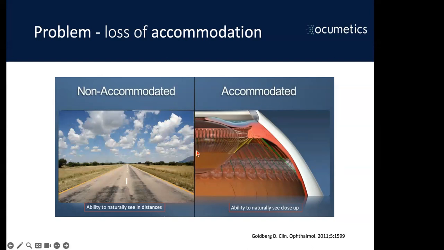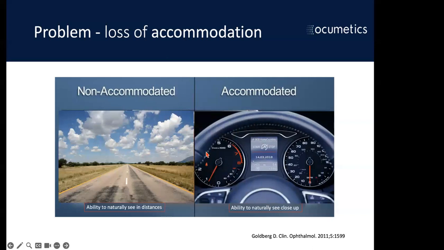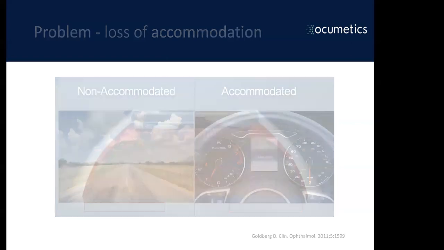Well, when you need to look close up, these attachments in this muscle actually relax and the lens gets fatter, which allows you to see close up. And you don't think about it because the brain and the eye have such a connection that it figures out what it needs to do when it needs to do it.